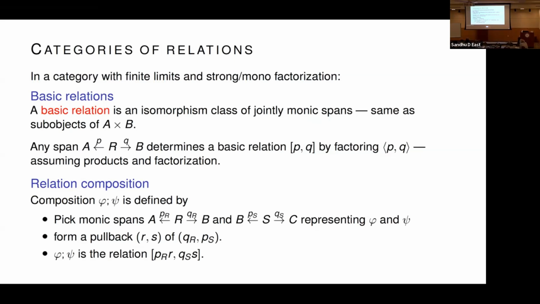That means that this leg and this leg should encode a new relation, right? But they won't, because there's no guarantee that that's monic. So what I have to do is use the strong mono factorization to factor this thing. I can factor that leg and that leg together simultaneously to look like this, so that now I have two legs that are mono. That defines a composition, right?